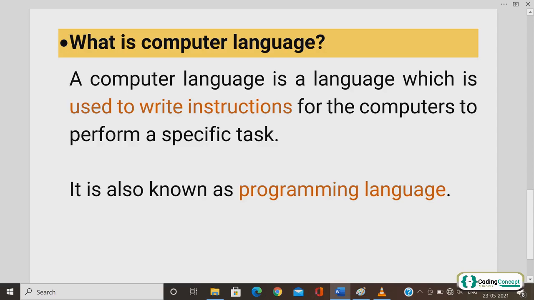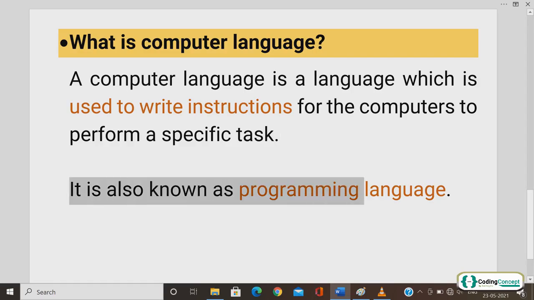So human beings, that means the programmers, write instructions using some programming language, some computer language, and those instructions are given to the computer. As a result, the computer understands that language, understands those instructions, and is able to perform the task. So this is all about a computer language.